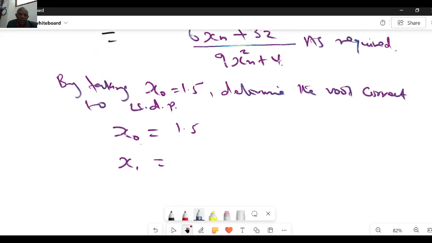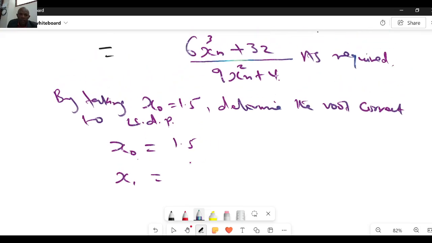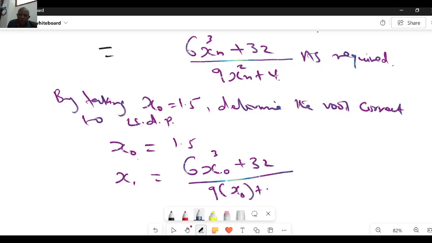So in other words, this will be the same as (6x0³ plus 32) over (9x0² plus 4).